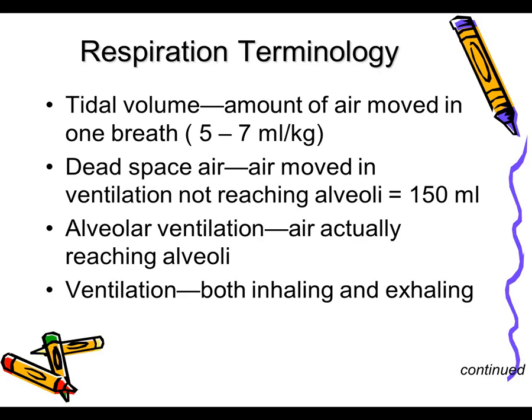You know, the lungs of a 180-pound person are the exact same size as the lungs of a 350-pound person. So we don't use their actual weight, we use their ideal weight. But typically, normal tidal volumes are somewhere between 300 and 500 milliliters of air.